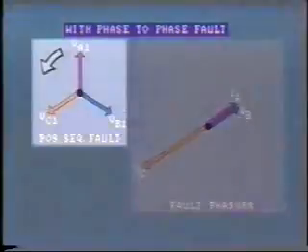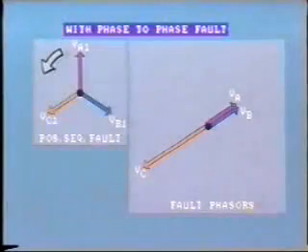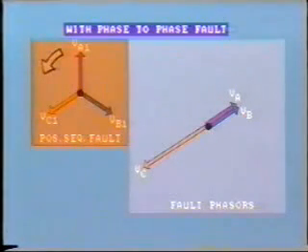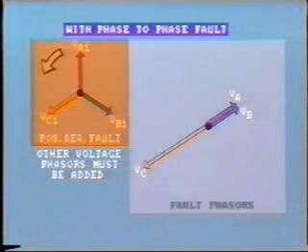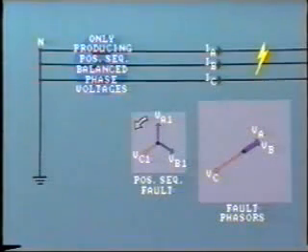How do we get from here to here? Well, obviously, other voltages are present at the fault and are being imposed upon the positive sequence voltages, that is, other voltage phasors must be added to the positive sequence phasors to get fault phasors. We can find the missing components by carefully studying the phasor diagram and adding appropriate phasors.